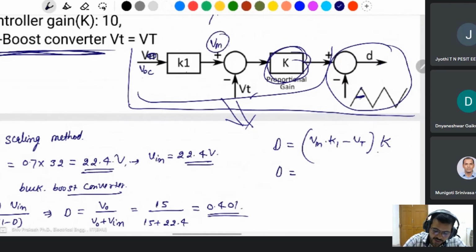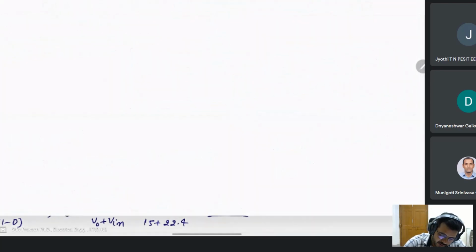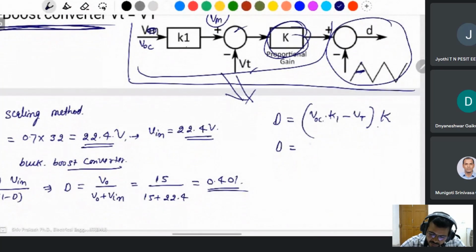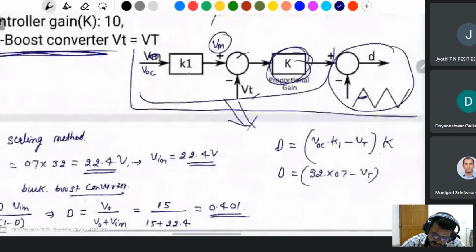Then comparison of Vm and Vt at that point. Okay, this was the VOC, not Vm. VOC is 32 volt, times 0.7, minus Vt. K is also given as 10.